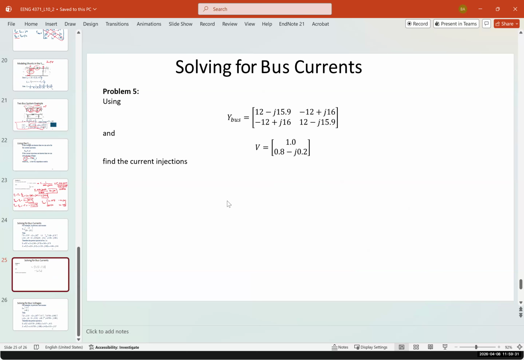Using the matrix Y bus and V, we want to find the current injections. So now we have Y bus and we have V. And by the way, I is equal to Y bus V. This is pretty easy, actually.